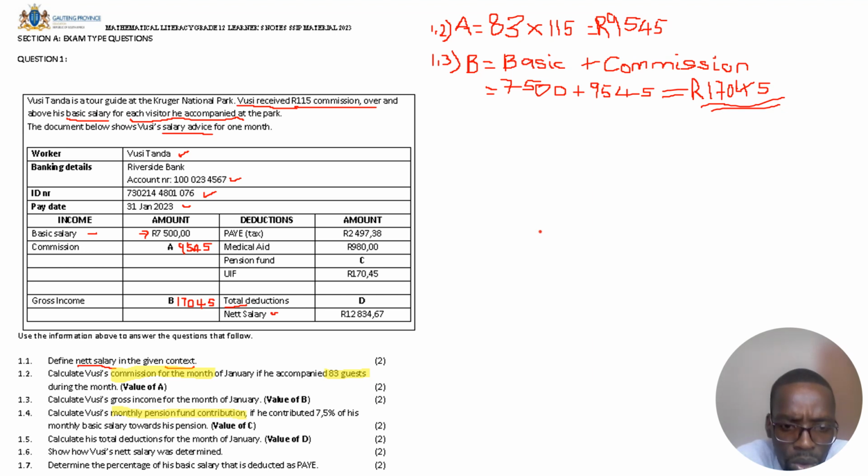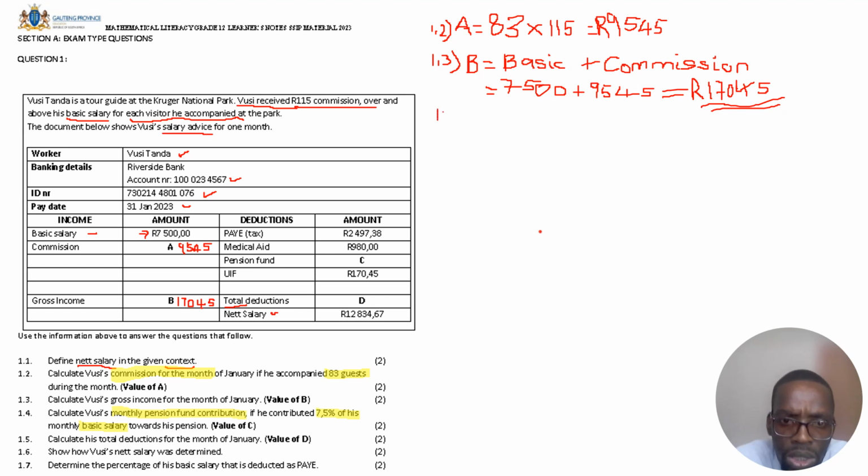Okay, if he contributed 7.5% of his basic salary, right? So those are the key things that we are going to be using to solve this problem. So what we now know is we are supposed to calculate the monthly pension contribution. Now that's the value for C.